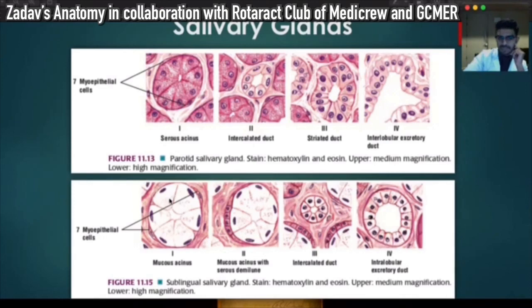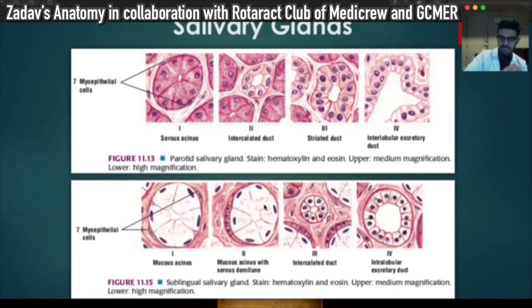On the other hand, these granules are huge, almost transparent, and they push the nucleus to the base. Hence, a mucinous acinus has these flattened nuclei which are supposed to be drawn at the base. So many journals have been returned to people because they haven't gotten this right. So please get it right when it's asked in the exam, because the teacher will actually tell you to draw that. Okay. Now this is a serous demilune.